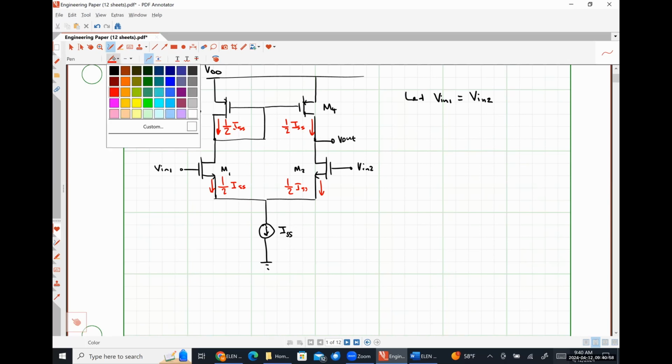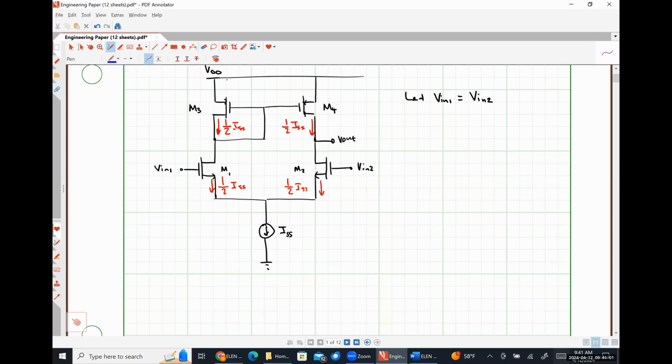Okay? So let me explain what I mean specifically by that. Let's call this voltage right here VSG3. And just for the sake of argument, we know that the voltage measured between the supply rail and this node right here is also VSG3 because we have a diode connected transistor.